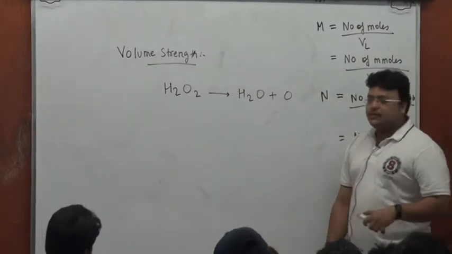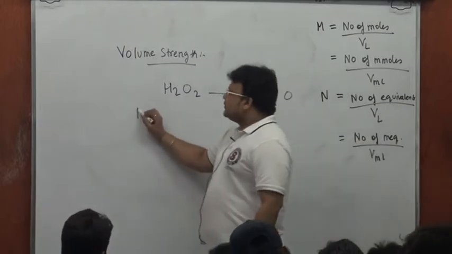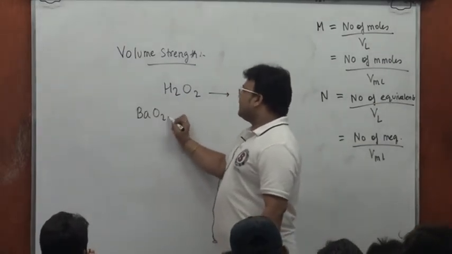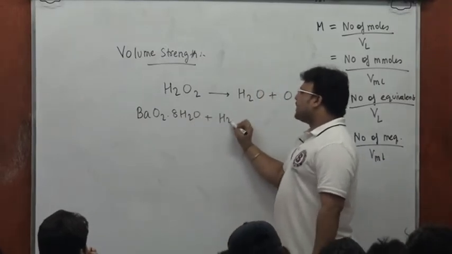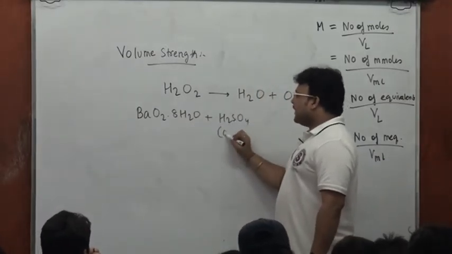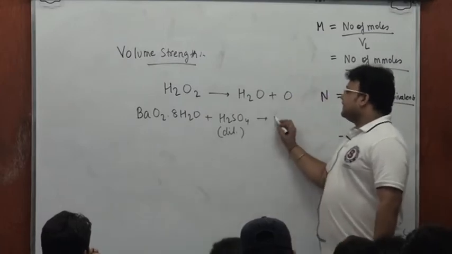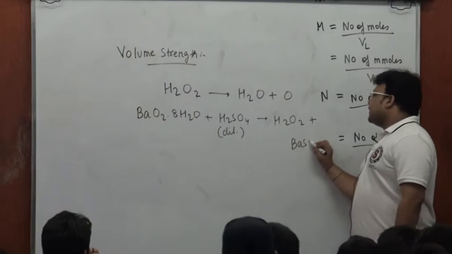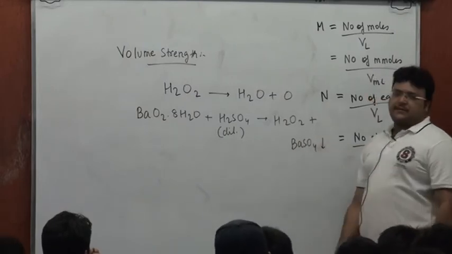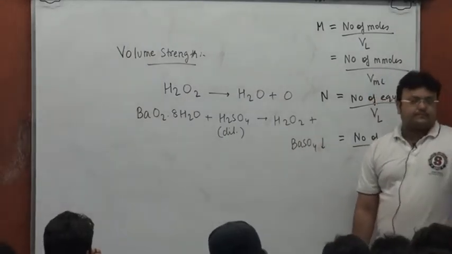or to produce H2O2, this is going to be, say, the laboratory method of preparing H2O2. Barium peroxide will be made to react with dilute sulfuric acid, you will get H2O2 plus barium sulfate, which you know is a white precipitate. Yes or no?